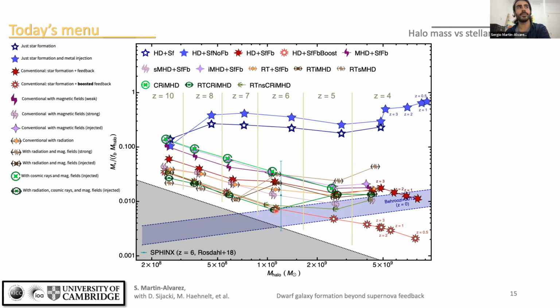This implies that maybe including cosmic rays and radiative cosmic rays in the Sphinx runs might actually give you the same realistic reionization histories without the need to boost the strength of supernova feedback.